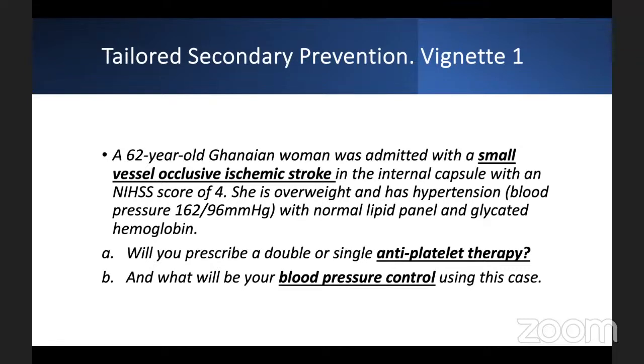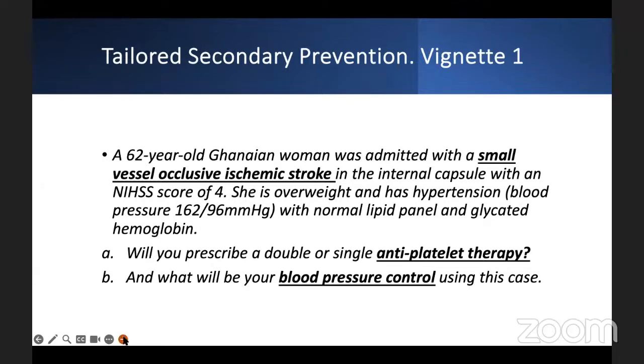So you can put your answers in the chat box and let's see. Single or double? Dual. So Emilia says dual. Kings Empire says dual. The rest are undecided.